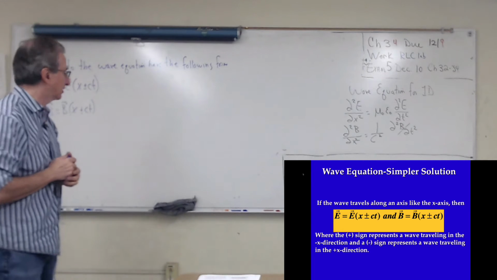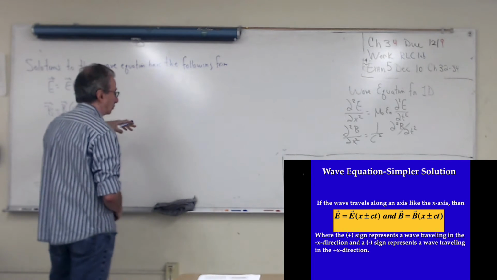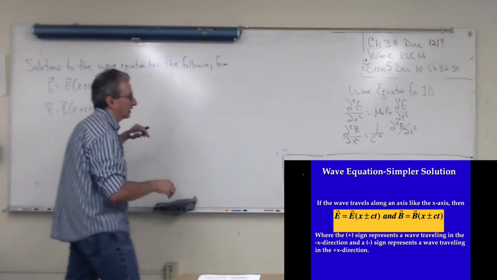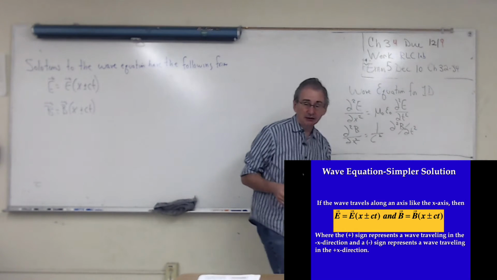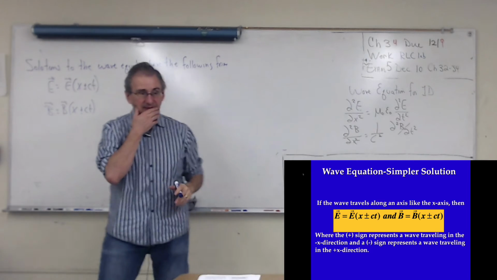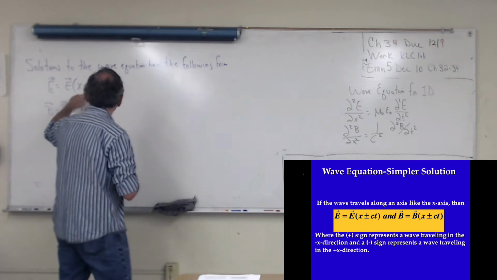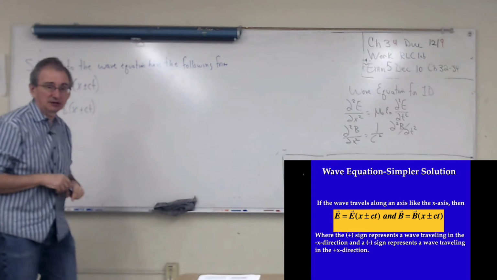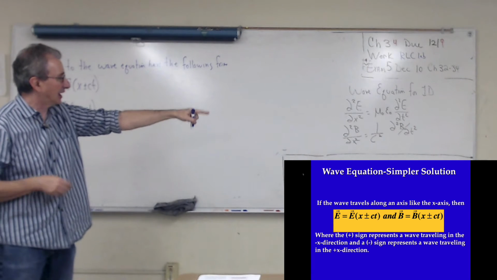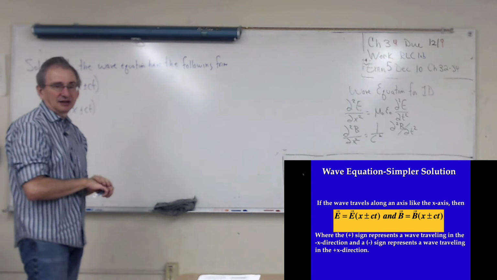Just plug it in and use the chain rule, taking the second derivative with respect to x on one side and the second derivative with respect to t on the other side, and you get that the left-hand side equals the right-hand side. And you can see by using the chain rule, if you differentiate the right-hand side twice, c squared is going to come out of this. It's going to cancel out that mu naught epsilon naught, which is 1 over c squared. Okay.